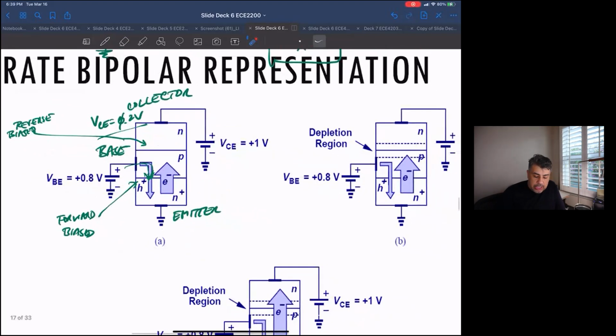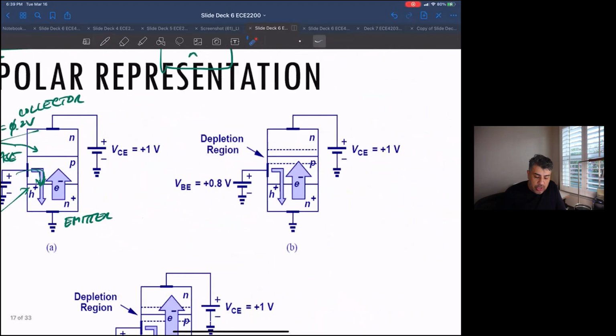But as we'll see in a bipolar transistor, we intentionally make this length very, very short. So this forward bias junction starts interacting with this reverse bias junction, and that gives us the functionality to make this look like a voltage controlled current source.